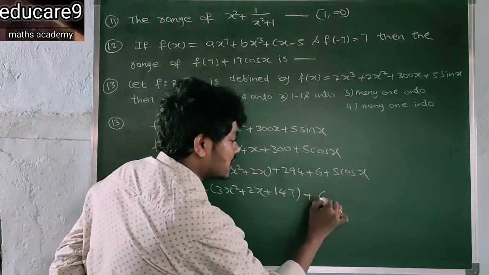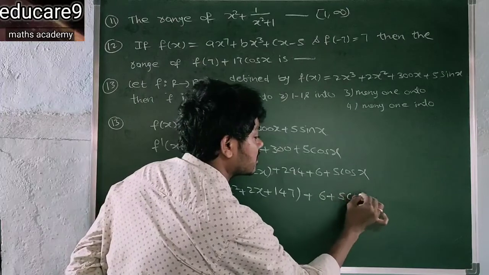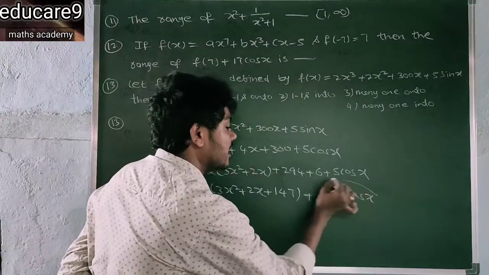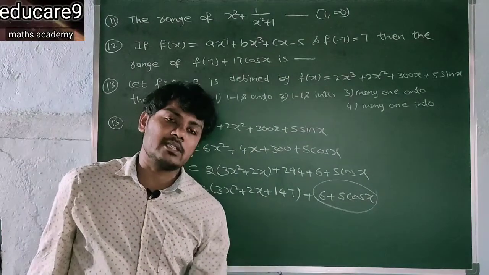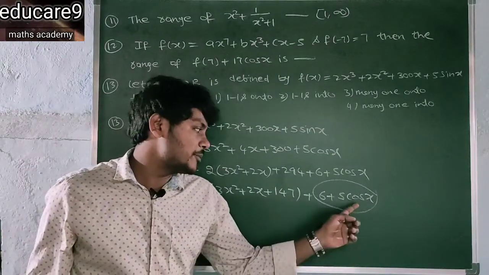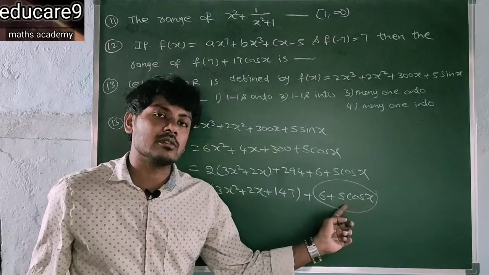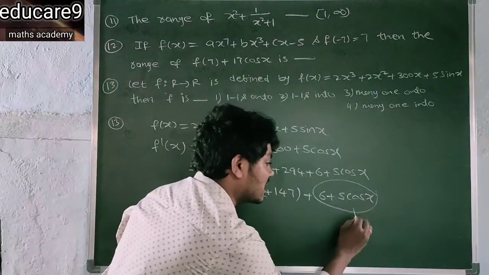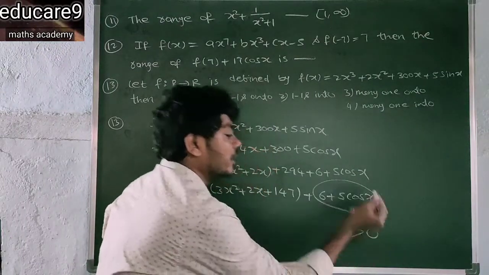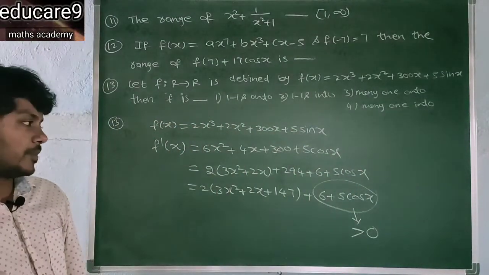Now this is 6 plus 5 cos x. So what is the range of cos x? Minus 1 to 1. If you substitute minus 1, 6 minus 5 is positive. If you substitute 1, 6 plus 5 is positive. So clearly this is always greater than 0.